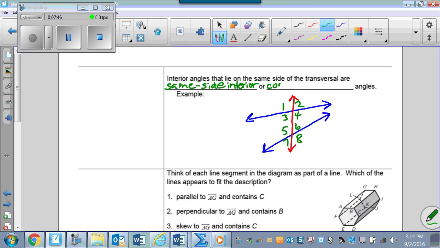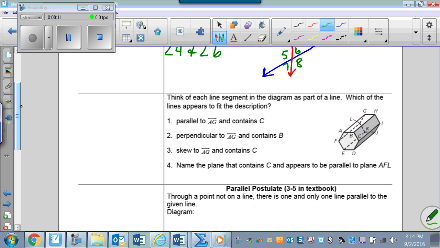Or consecutive interior angles. And of course my sets there would be angle 3 and angle 5, same side or consecutive, and angle 4 and angle 6. All right, so those are my special angle pairs that I need to learn very, very well.